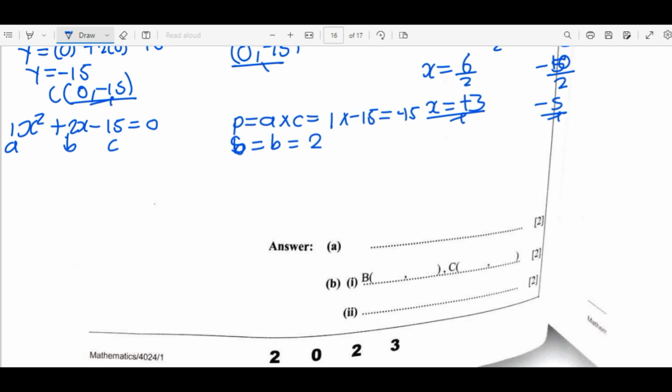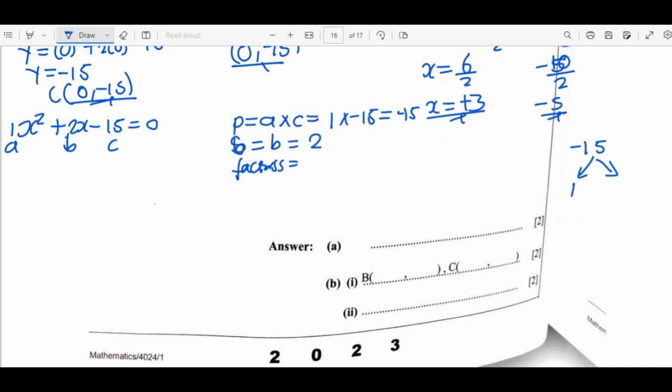So we need to find two numbers that multiply to give negative 15 and add to give positive 2. These are known as the factors. For those that may have challenges in finding the factors, let me show you. First, we find all the numbers that can go into 15.